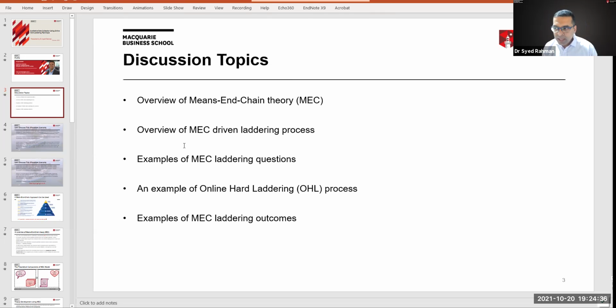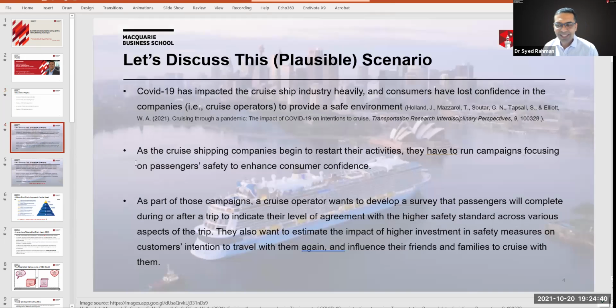To explain that process, I have developed a hypothetical example, and I tried to give it a tourism flavor. So there can be errors there, so don't worry about that, but let's see if it makes sense. The scenario that I have in front of you is that COVID-19 has impacted the cruise ship industry heavily.